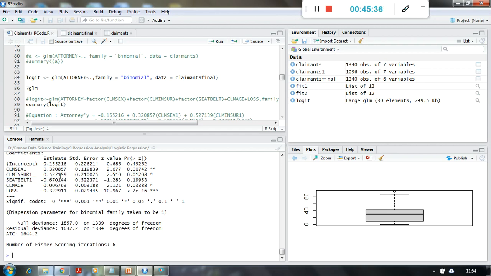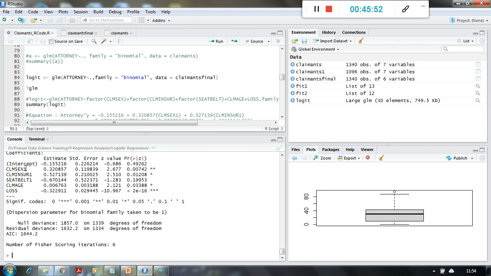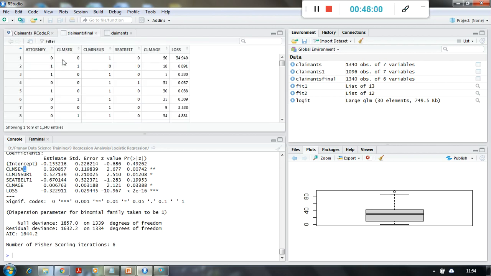Now let us understand a few more parameters and make a few more observations. The coefficient we have got for this particular column, claimant sex, is shown as claimant sex 1. What is 1? The interpretation is that this coefficient is for the category 1, the class 1, in claimant sex.